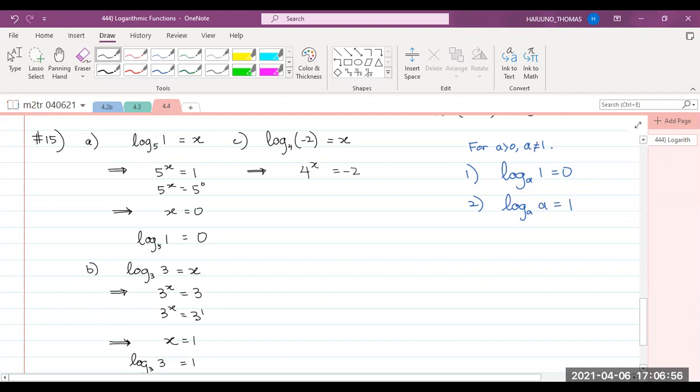But then you realize, oh, there's no such thing. Note that from 4.2, we know that the range of 4 to the x is positive numbers. So there is no x such that 4 to the x gives you negative 2. This is no solution.